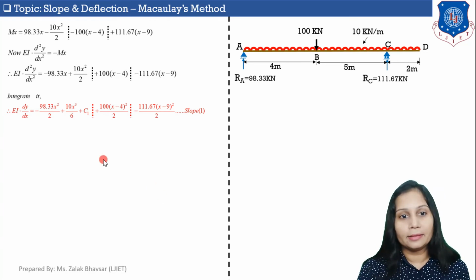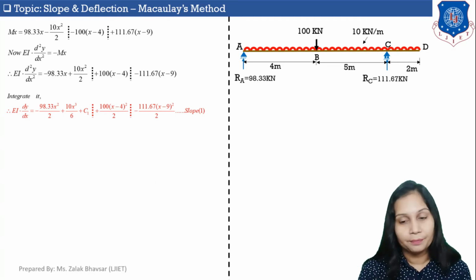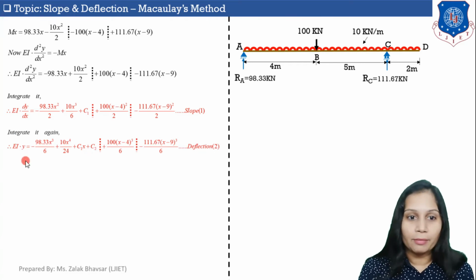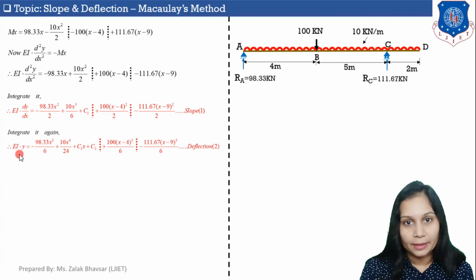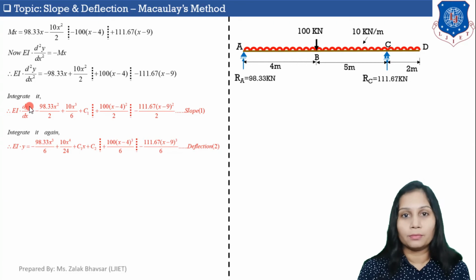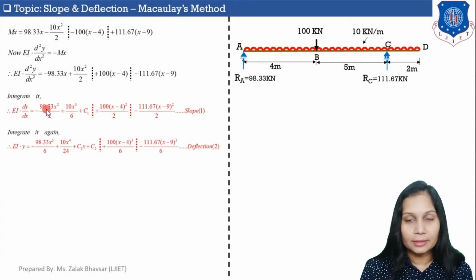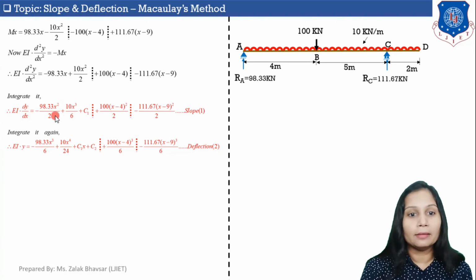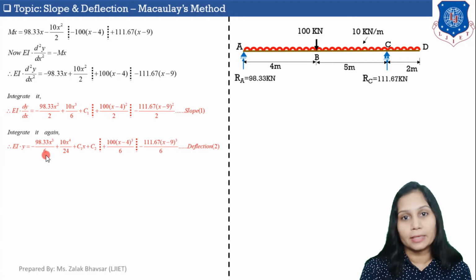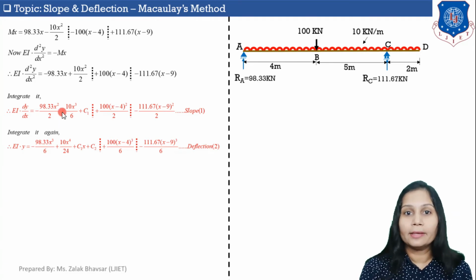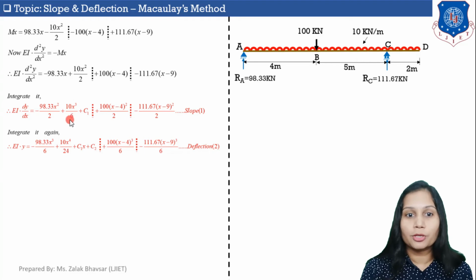Now let's integrate this equation again. So we will get equation as EI into y. Y is the integration of dy by dx, which is equal to minus 98.33 times integration of x square, which is x cube by 3, and 3 multiplied with 2 means 6, plus integration of 10x cube by 6, which is equal to 10x raised to 4 by 24, plus C1x plus C2.